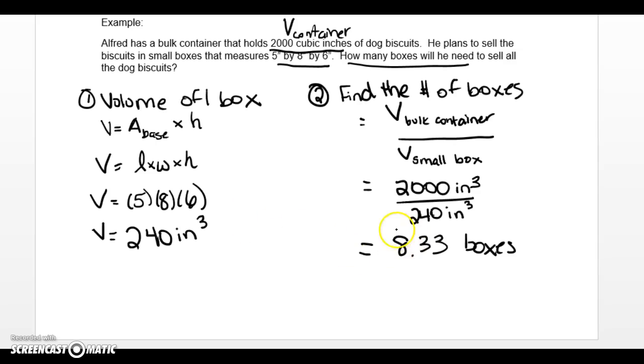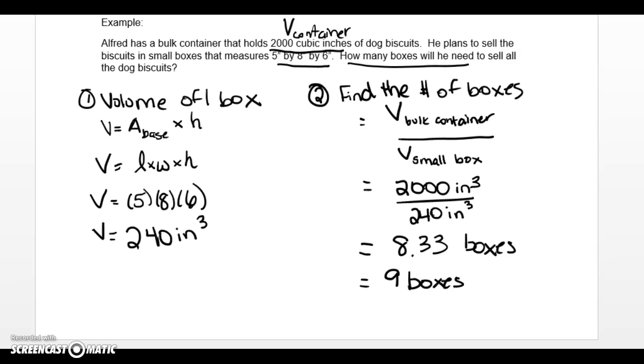He's going to have 8 full boxes, and then he's going to have a third of a box left over. But he wants to sell all of those dog biscuits, so he's not going to just toss away a third of a box. So he's going to round up to 9 boxes and maybe sell that third for a cheaper price. So you really have to sit down and think about the word problem you're given.